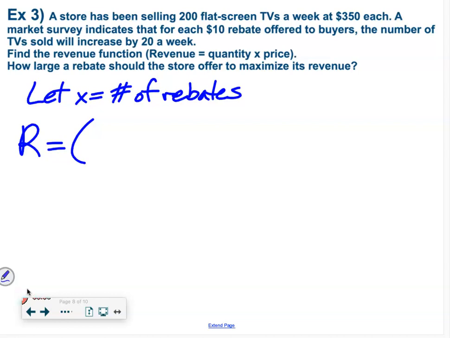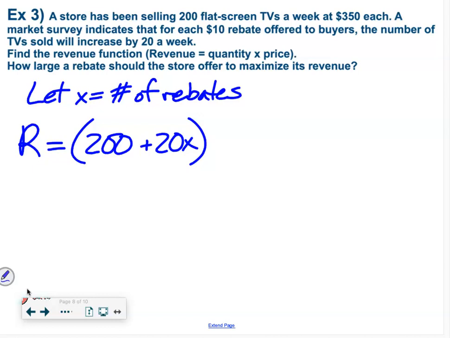On a typical week, we sell 200, but for each rebate we offer, the number of TVs we sell increases by 20. So our total number of TVs would be 200 plus 20x. If we issue one rebate, we're going to sell 220. Two rebates, we're going to sell 240, and it'll keep going like that.